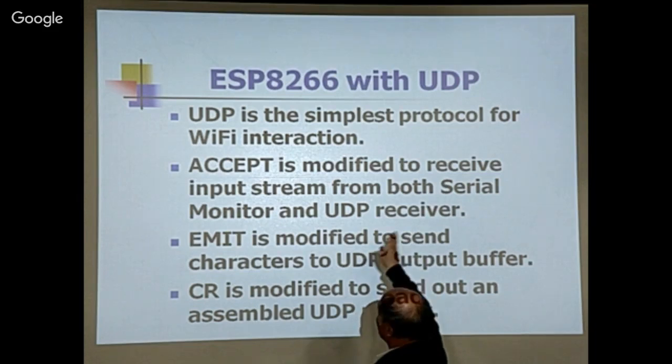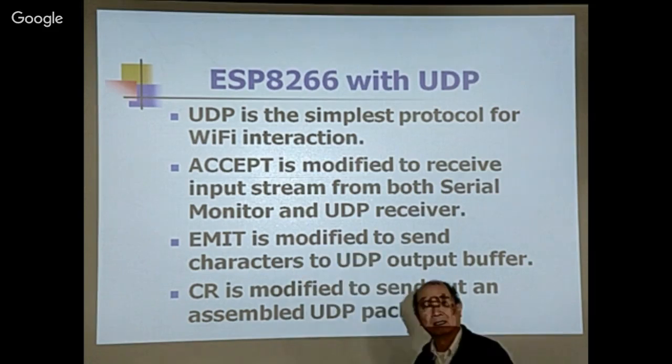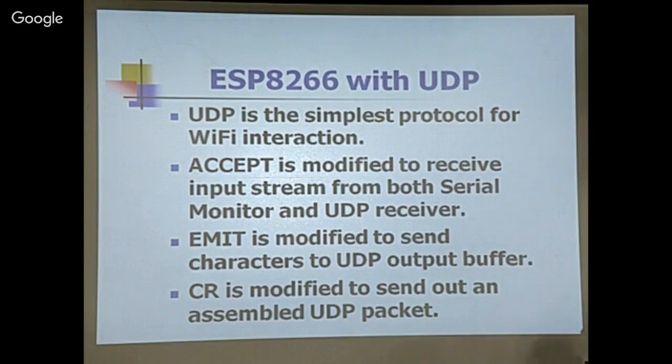If you have packets sent from the terminal, it puts them in the terminal input buffer. If it receives a packet from the UDP interface, it puts that exactly in the same terminal input buffer, and then Forth is able to interpret it.